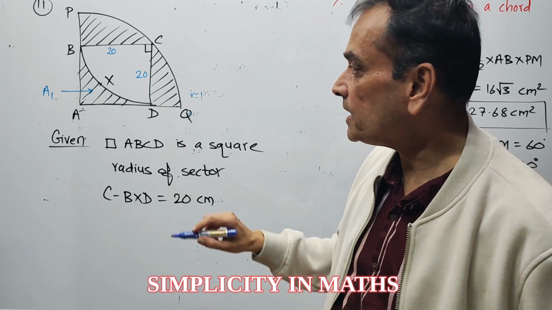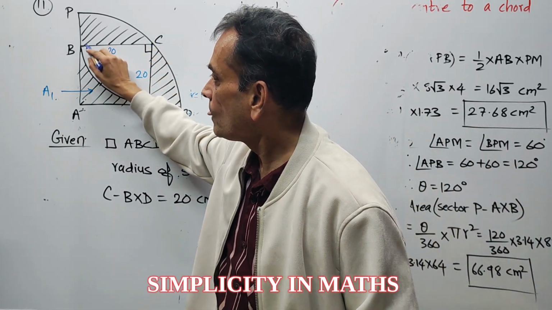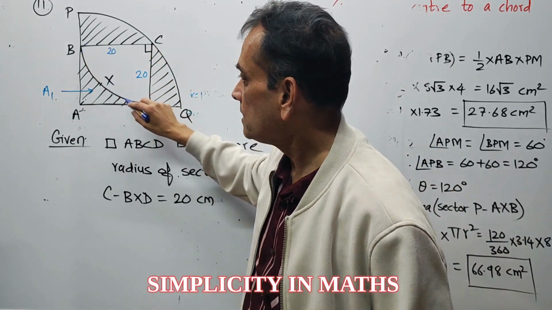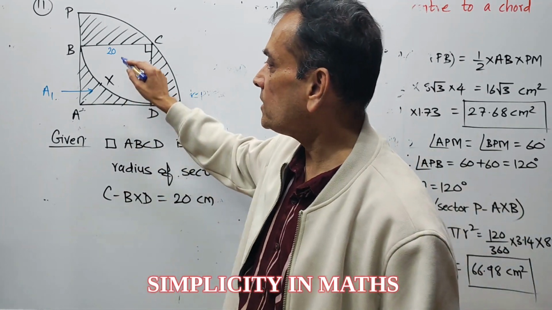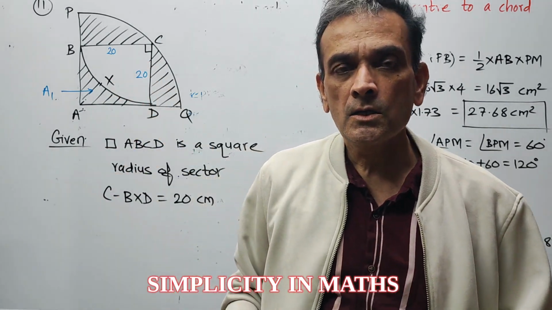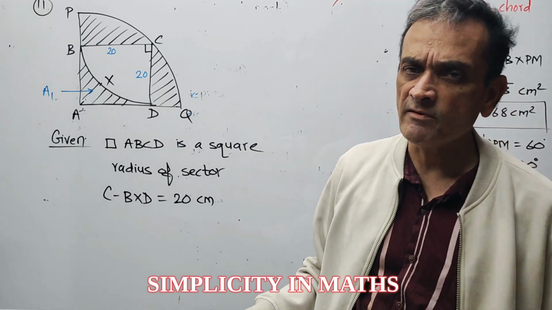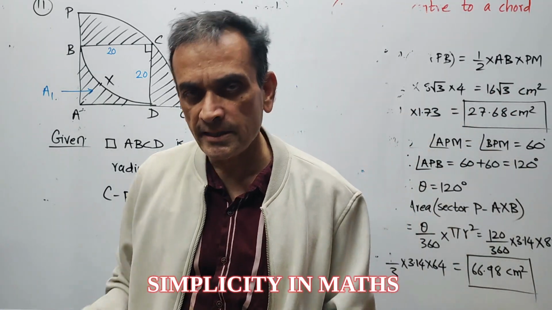Now for the area of square, this radius of the sector becomes the side of the square. Look, the radius of the sector is the side of the square. So side of the square is 20. What is the formula for area of square? Side squared, that is 20 squared. Okay? I am not going to write down everything.